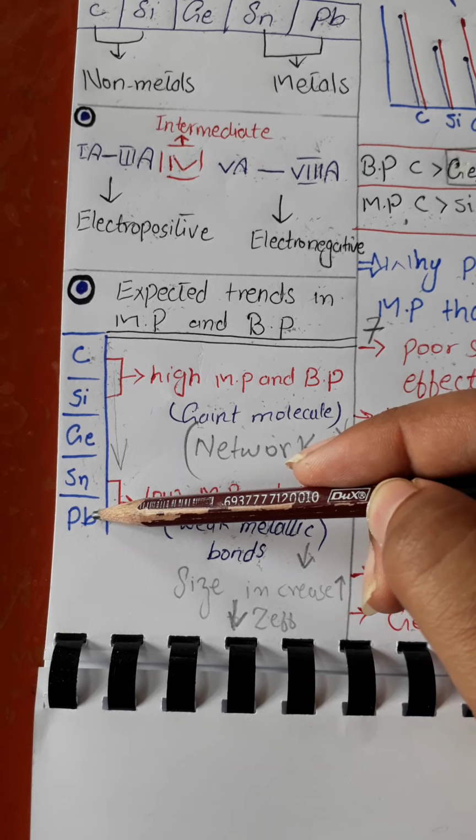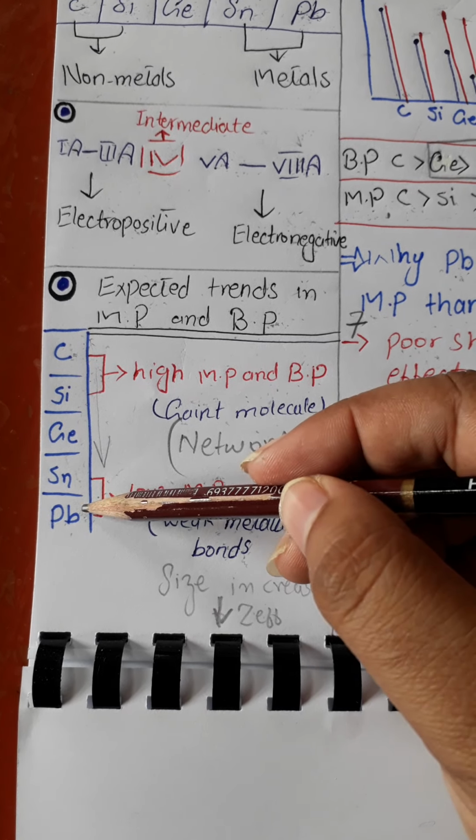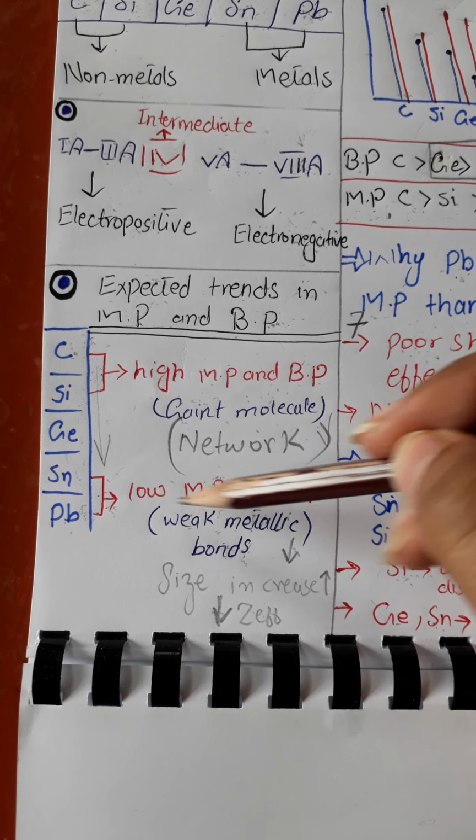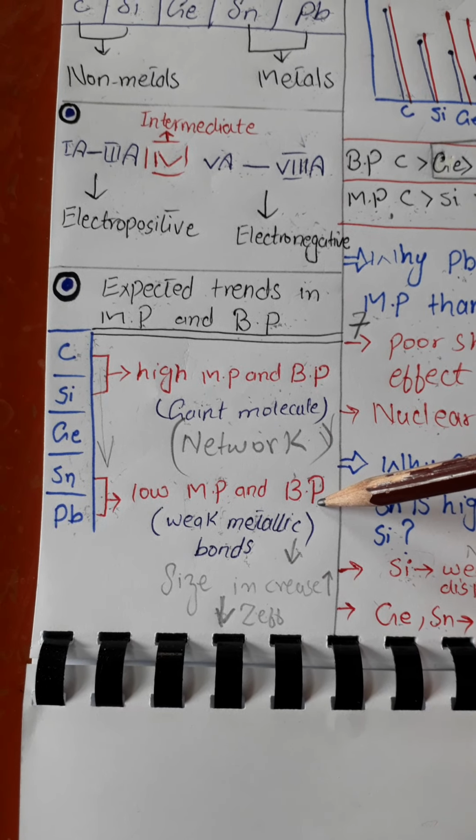If metallic bond strength decreases, then they should easily melt and boil at lower temperature. That's why they must have low melting point and boiling point.